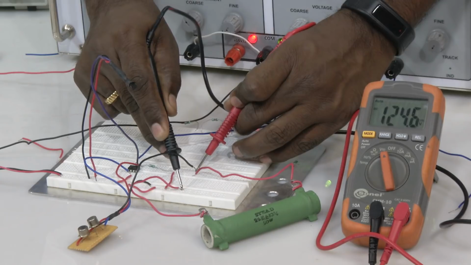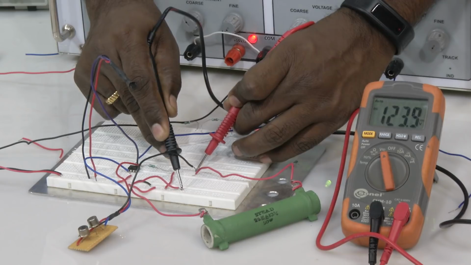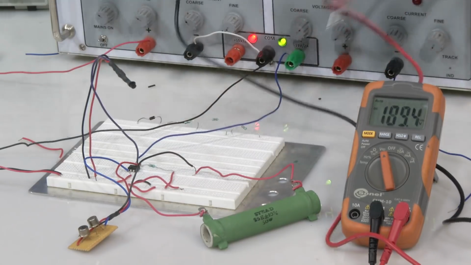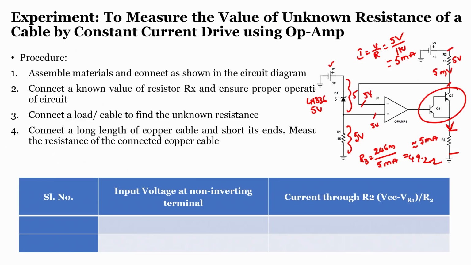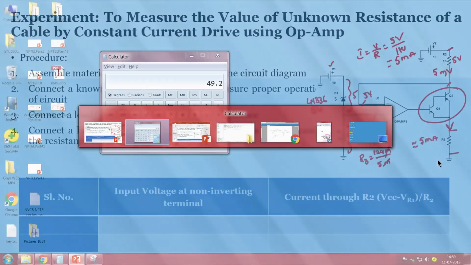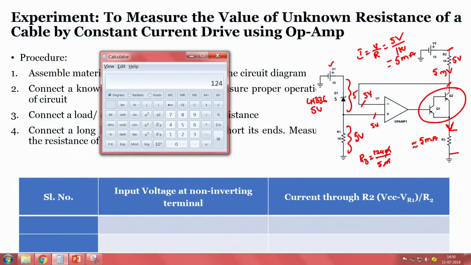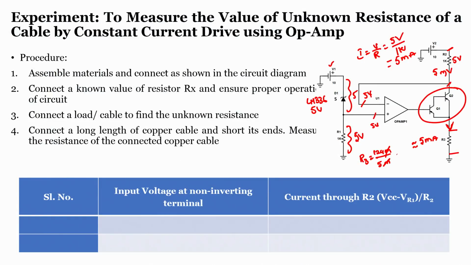It shows 124 millivolts, right. When I calculate, it is exactly half of the previous one: 124 millivolts divided by 5 milliamps, which is 24.8 ohms.